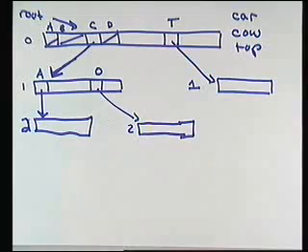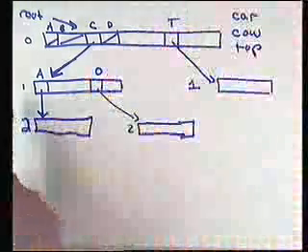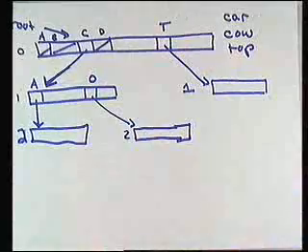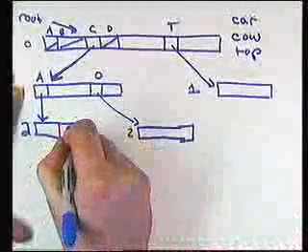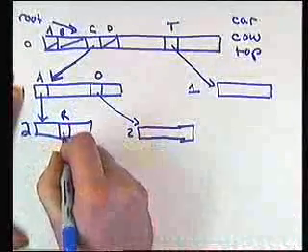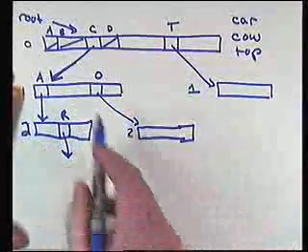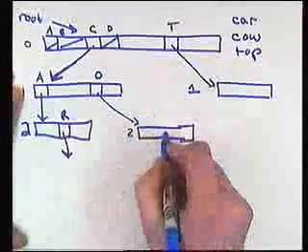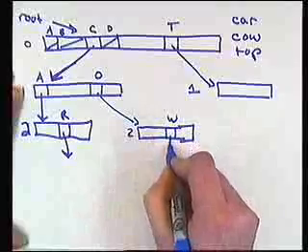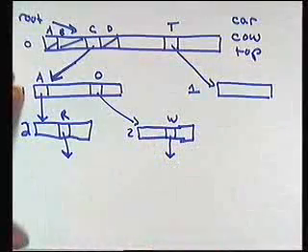We have a car is C in position 0, A in position 1, and then an R in position 2 means we point there. Cow has a C in position 0, an O in position 1, and a W in position 2, so that node would be found there.